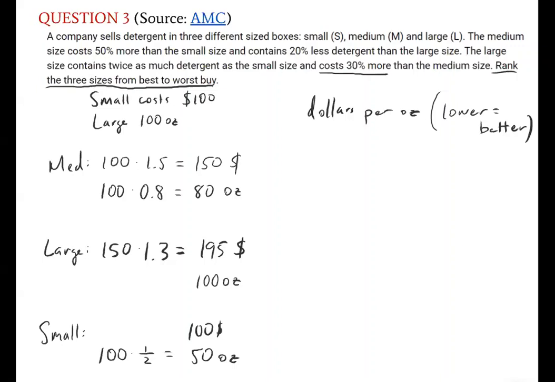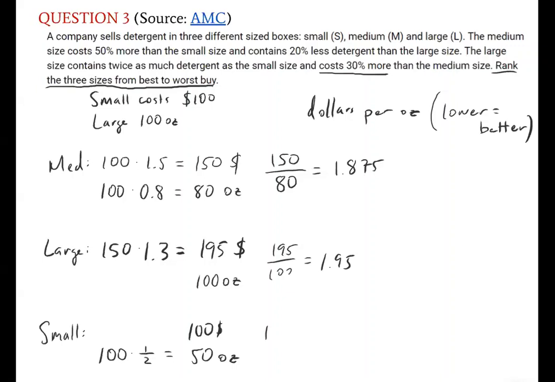So to turn all of these into dollars per ounce, you just divide the dollar amount, 150, by the ounces. So 150 divided by 80 is 1.875. 195 divided by 100 is 1.95.